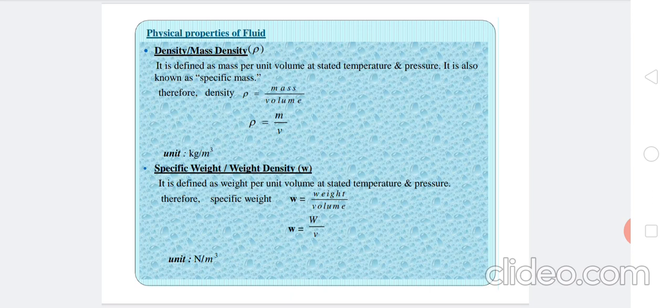Specific weight or weight density. The symbol of specific weight or weight density is w. It is defined as weight per unit volume at stated temperature and pressure. Therefore, specific weight w equals weight per volume, that means w equals W by V. The unit of specific weight or weight density is Newton per meter cube.